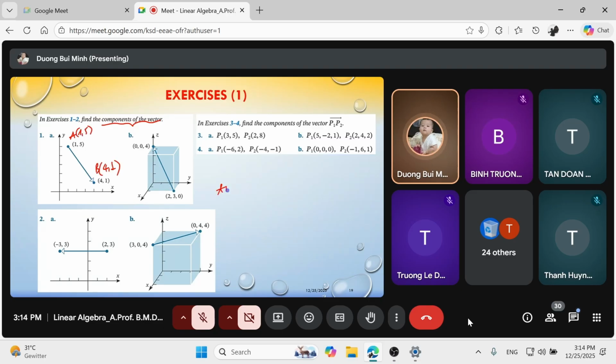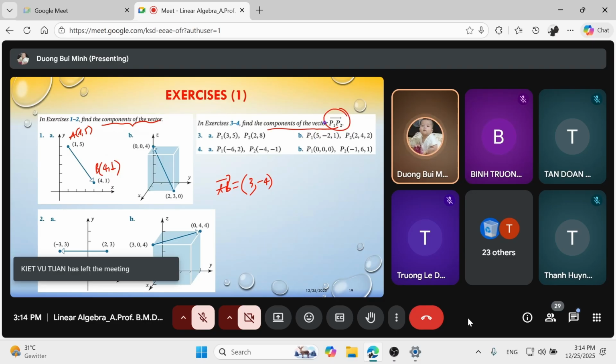So you can get vector AB: 4 minus 1 is 3, and 1 minus 5 is minus 4. Very easy, right? And find the components of the vectors B1, B2. Very easy.